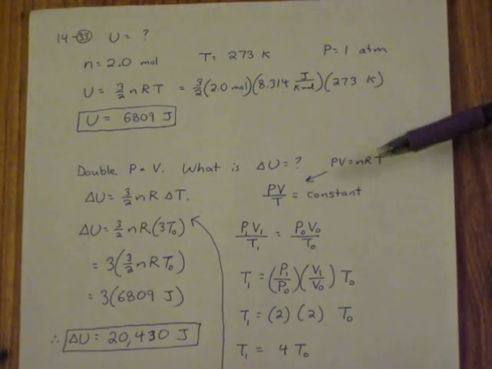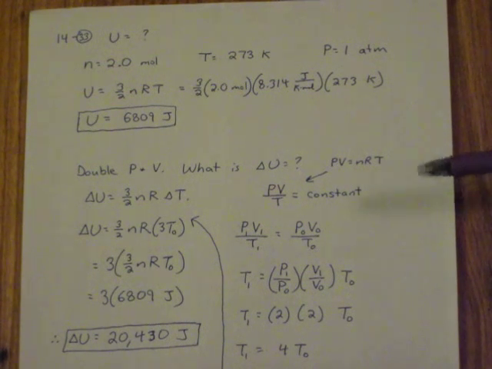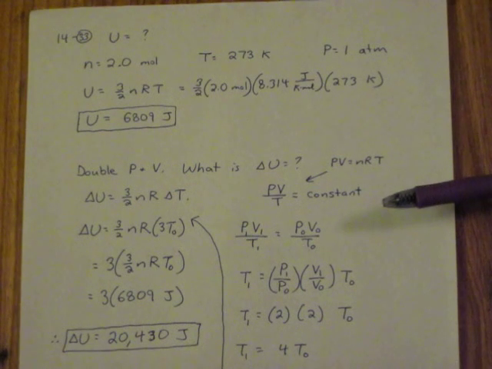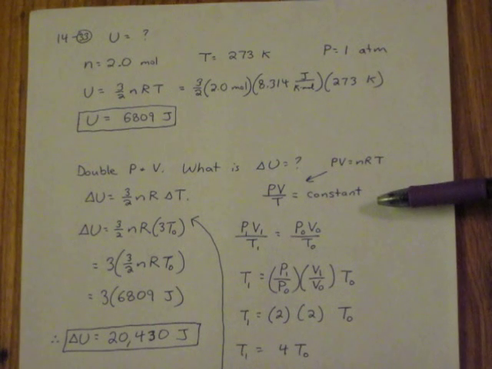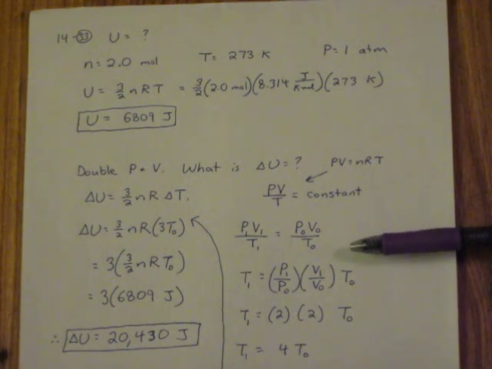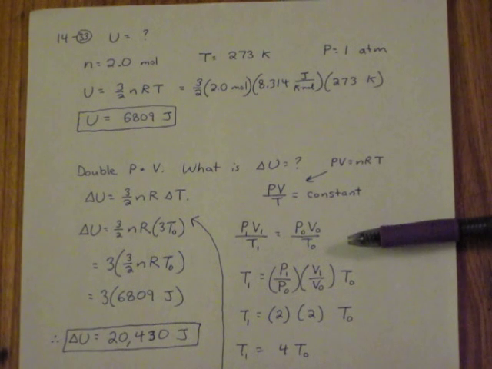So let's go back to PV equals nRT, the ideal gas law, and this is a technique we taught in the previous chapter. You arrange PV equals nRT, get all the variables on one side and the constants on the other, so we get PV over T equals constant, which means that P1 V1 over T1 equals P0 V0 over T0.